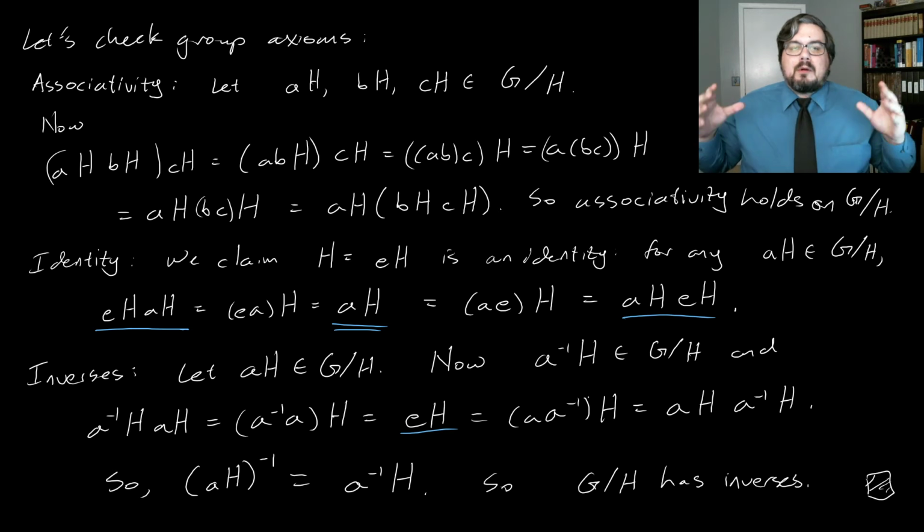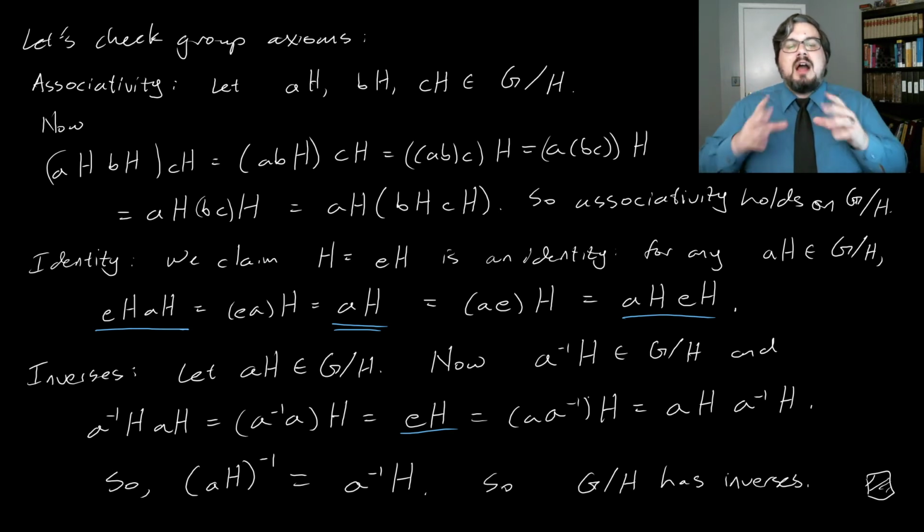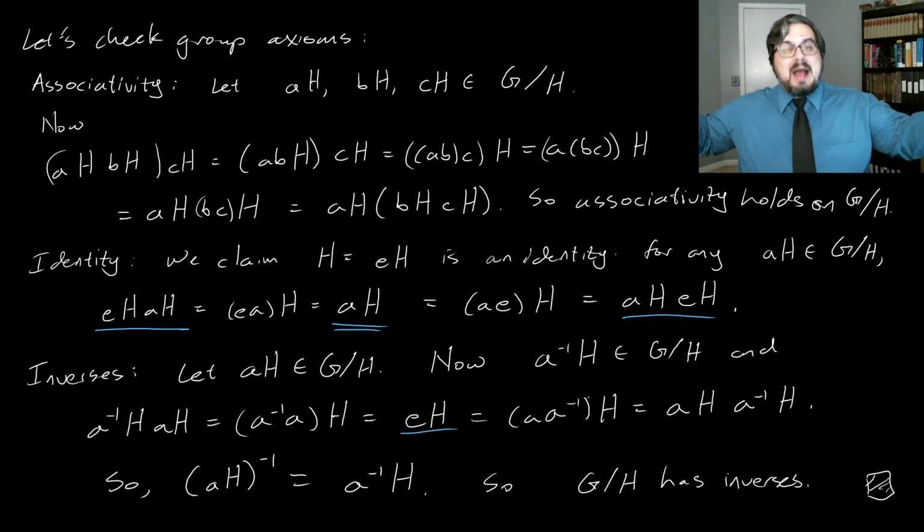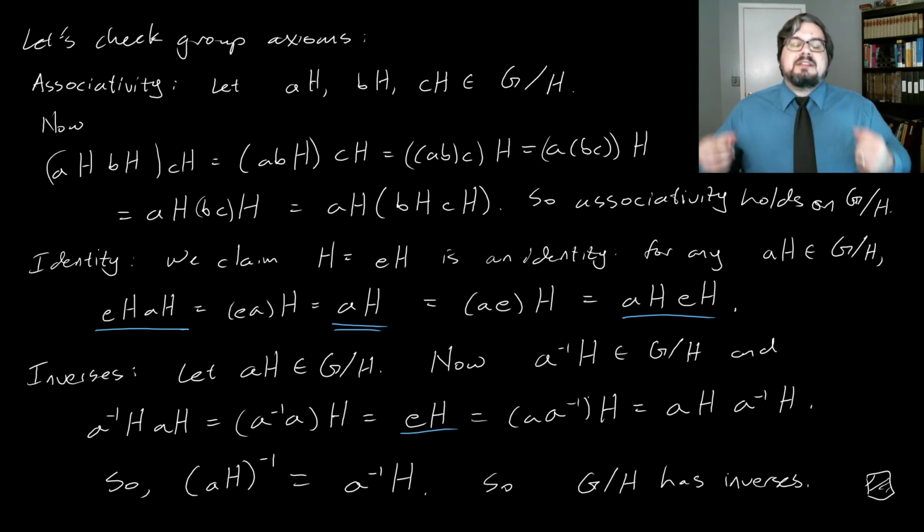And so it's important to remember that the factor groups are not actually introducing anything new to the structure. They're not adding in any new elements that we have to somehow make sure are interacting properly with the elements of G. In fact, the factor group loses information.